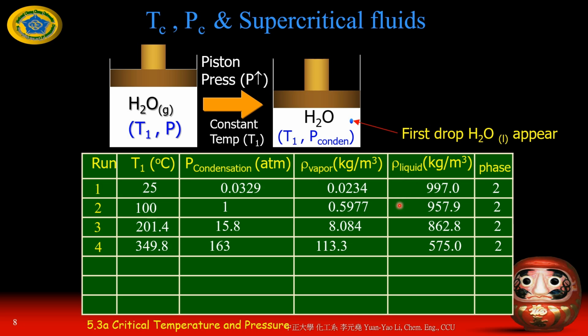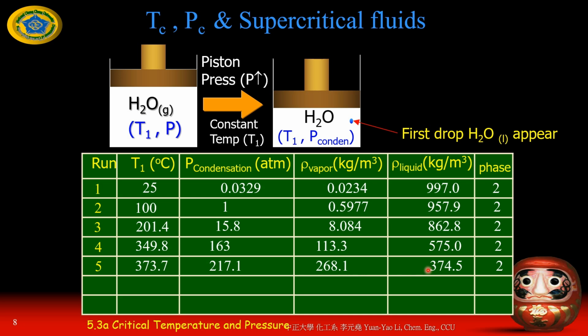Okay, so let's do round 5. Increase the temperature again, and of course the pressure increases, the density of vapor increases, and the density of liquid decreases. So as you can see, the density of vapor and the density of liquid are getting closer and closer.